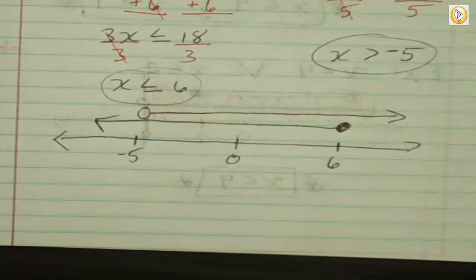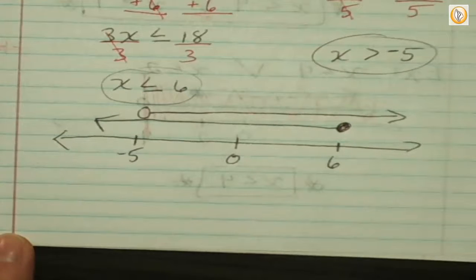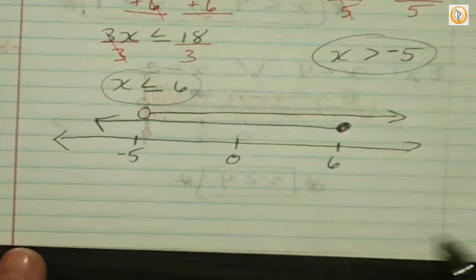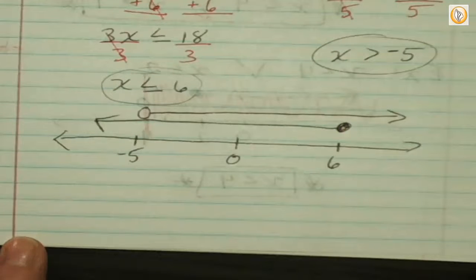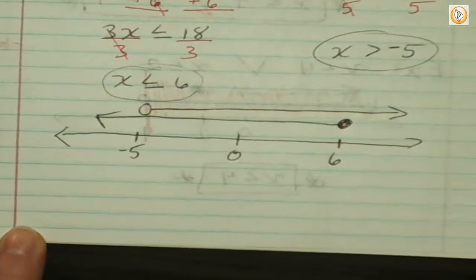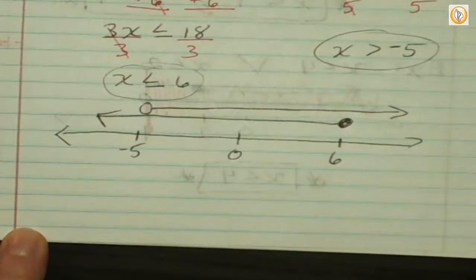But we're not, Matthew. What do you have? I think I have the 2 outside parts. Close. Like negative 5 and then go that way, and then 6 and going that way. Okay. Yes. X is less than or equal to 6.